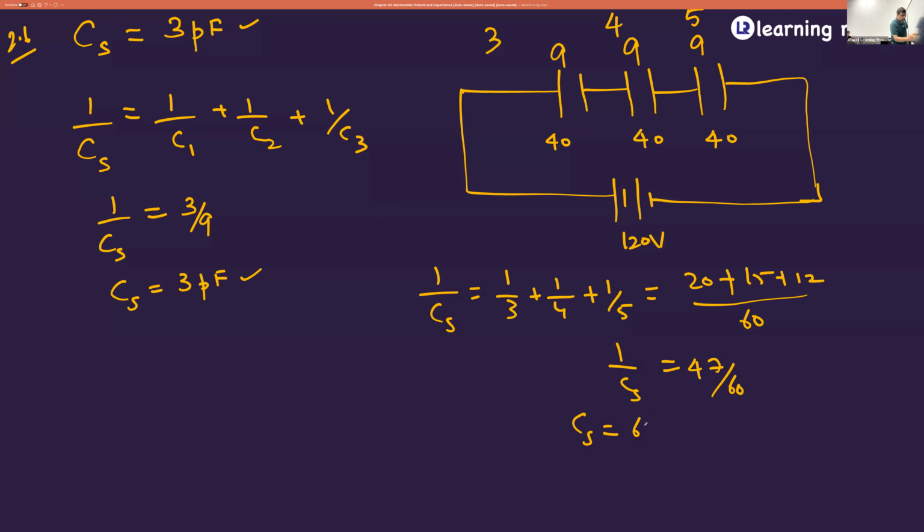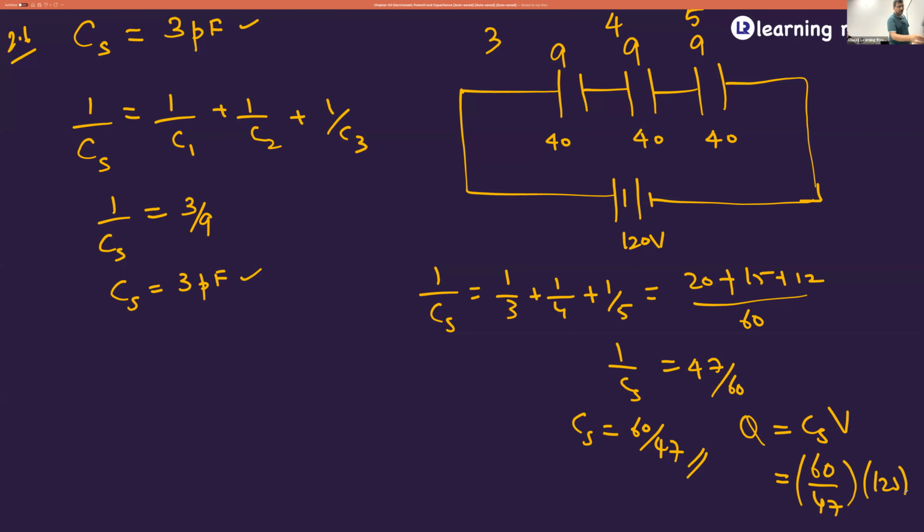Now, what is going to be the charge distributed by the battery? So Q is equal to CS into V. So what is CS? 60 by 47 into 120. Okay, whatever the number is, I'll call it as Q. I'm not worried about the number.